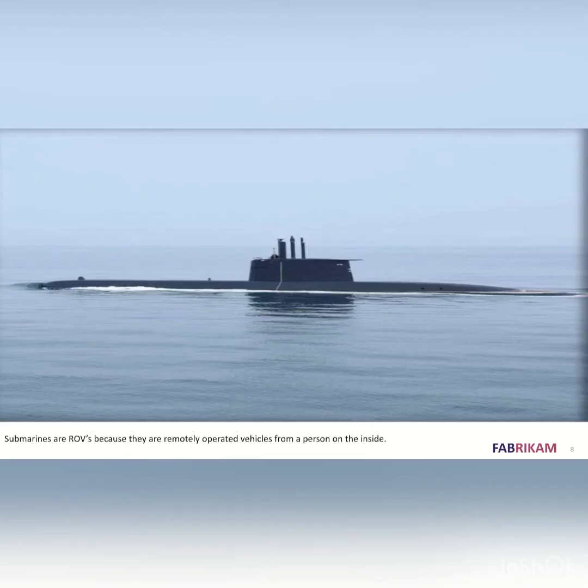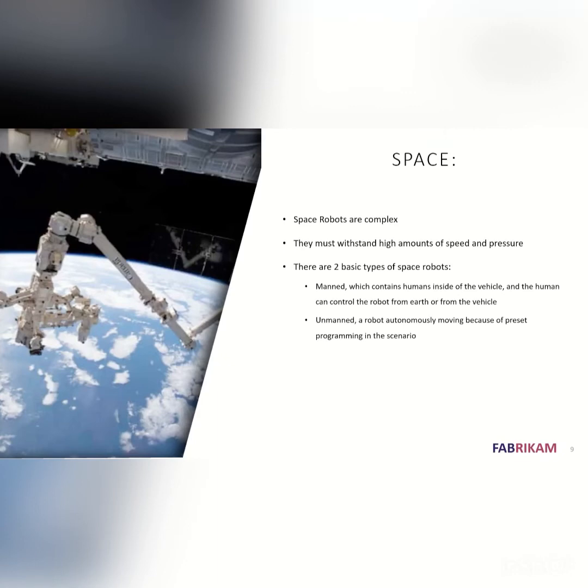So, ROV. Now let's talk about space robots. Space robots are complex. They must be able to withstand high amounts of speed and pressure because of the speed and pressure they're actually moving at. There are basically two types of space robots. Manned, which contain humans inside of the vehicle, and the human can control the robot from Earth or from the vehicle.